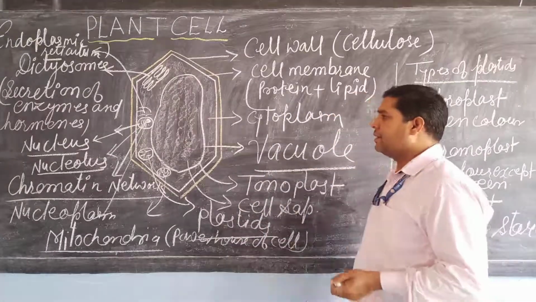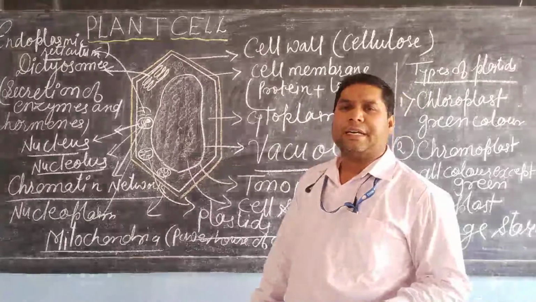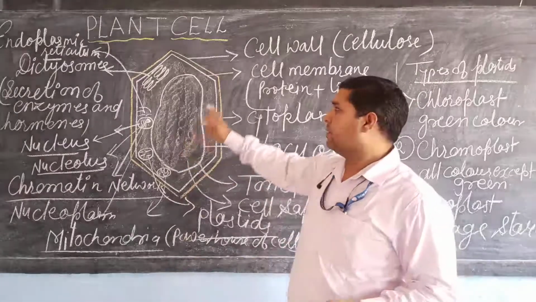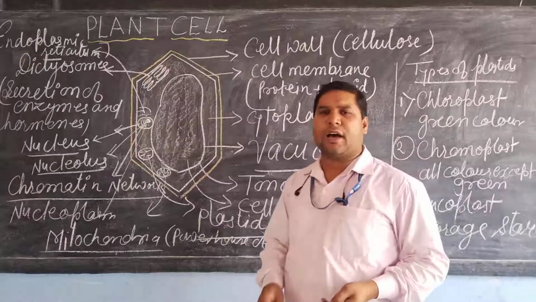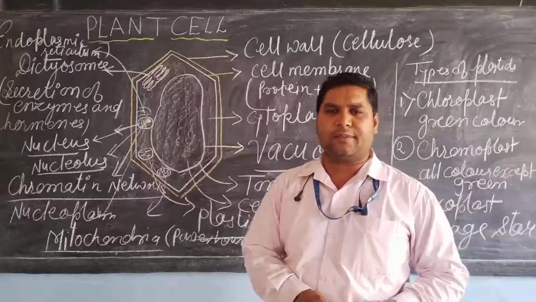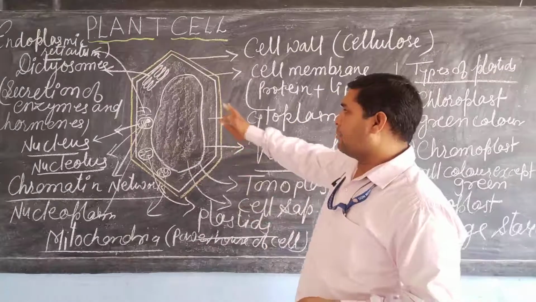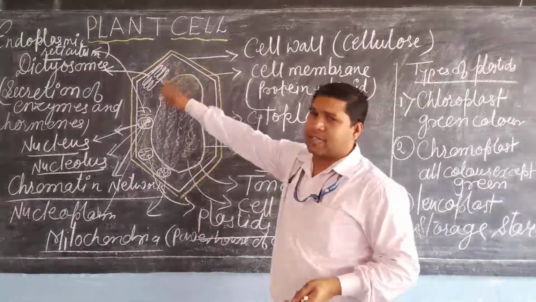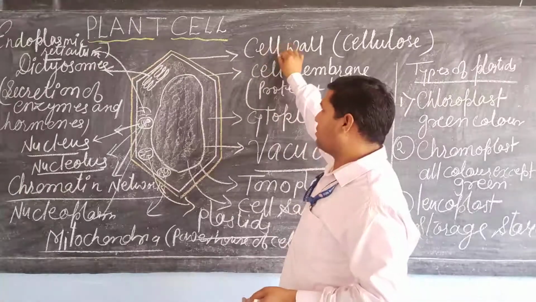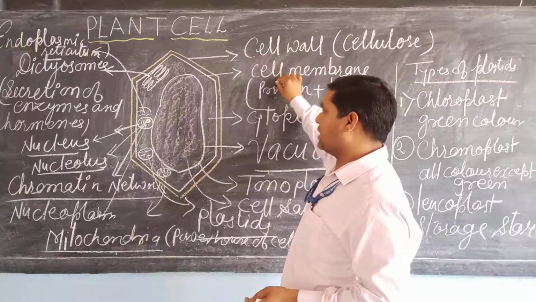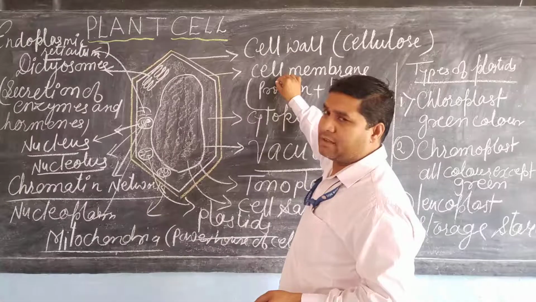So, this is the detail about the plant cell. Dear students, there are differences between the plant cell and the animal cell. The plant cell is protected by a double membrane, the outer membrane is the cell wall, and the second protective membrane is the cell membrane.